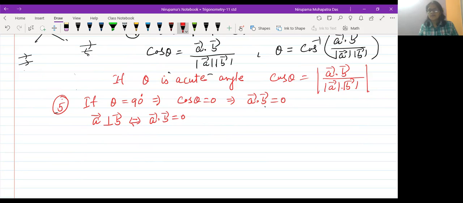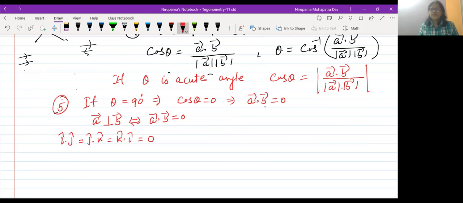Dot product becomes 0. Okay, so going in the same line, what we can conclude is i dot j equal to j dot k equal to k dot i, that will be 0.